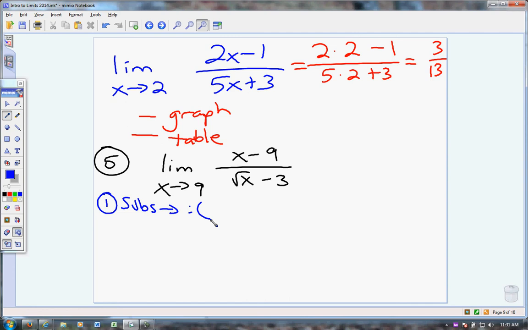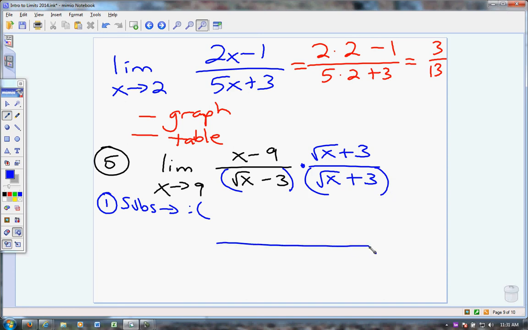So this goes back to a little skill we learned in pre-calculus, which is multiplying by the conjugate. If I multiply the top and bottom by the square root of x plus 3, then the denominator is a difference of two squares, and it becomes x minus what? 9, doesn't it?